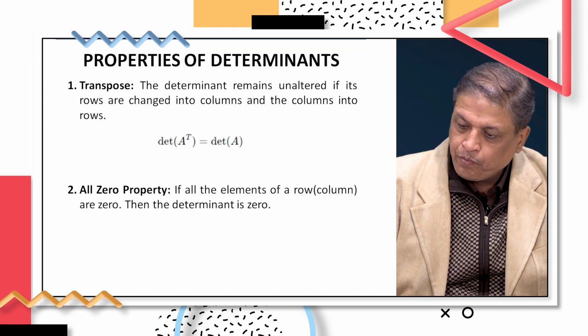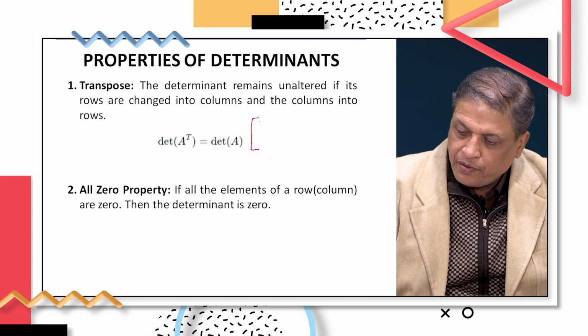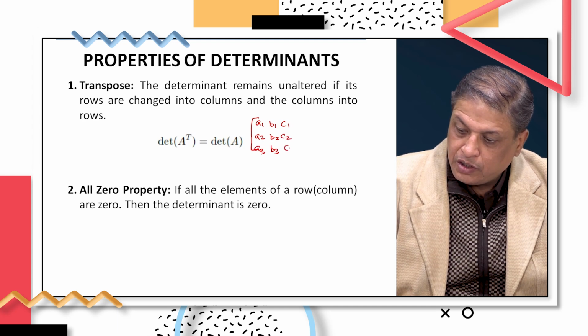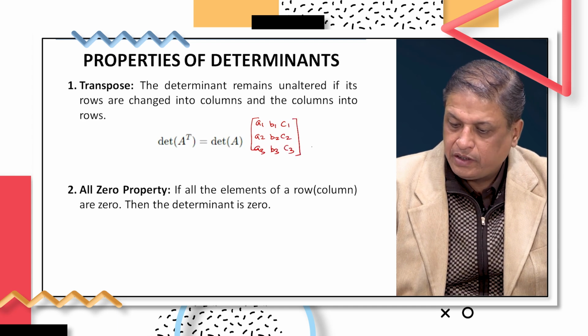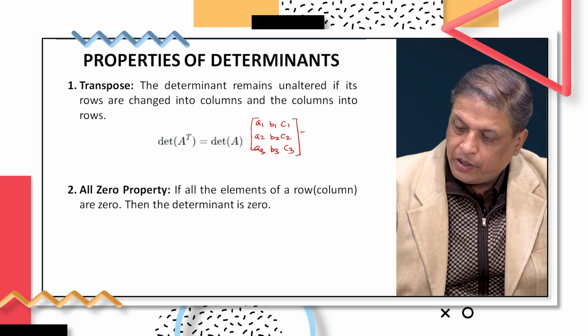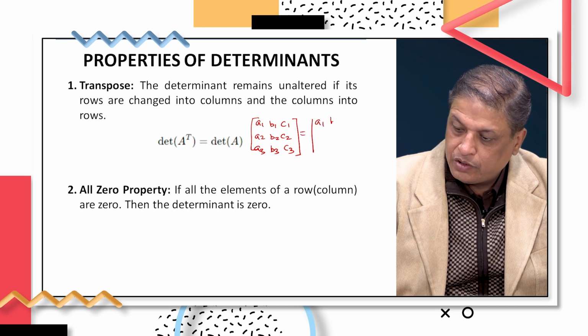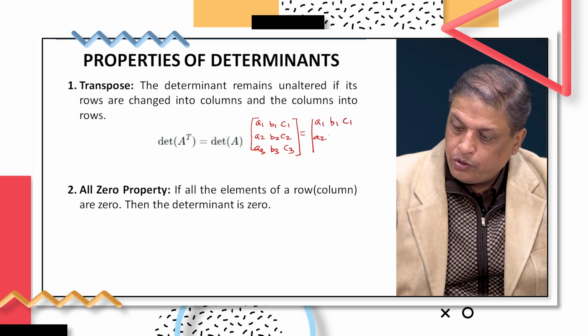Look at the screen, say we have A1, B1, C1, A2, B2, C2 and A3, B3, C3. Say this is a matrix, the equivalent determinant will be equal to A1, B1, C1, A2, B2, C2 and A3, B3, C3.